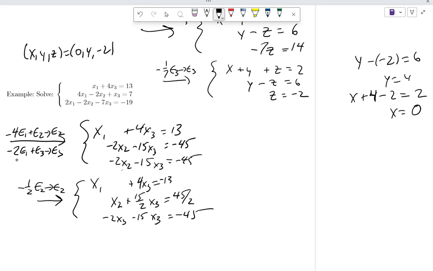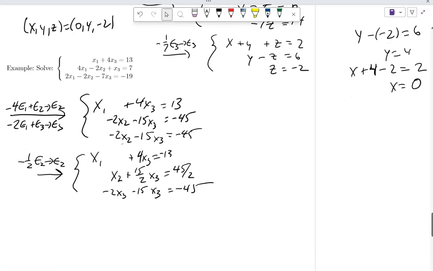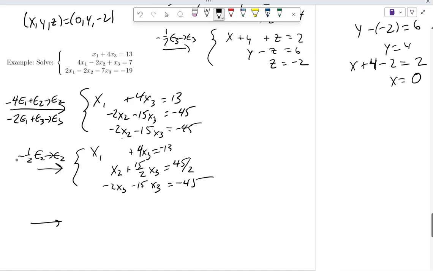Now that I got a 1 here, I want to get a 0 here, right? And then what do we need to do to get the 0 here? I want to make this a 0 now. Yep, good. Yeah, take 2E2 plus E3 and replace E3.